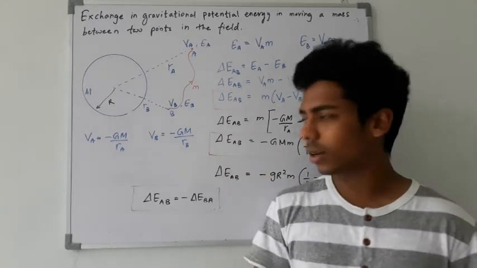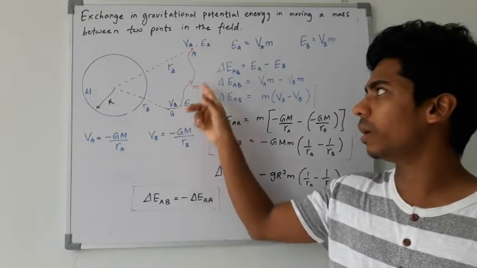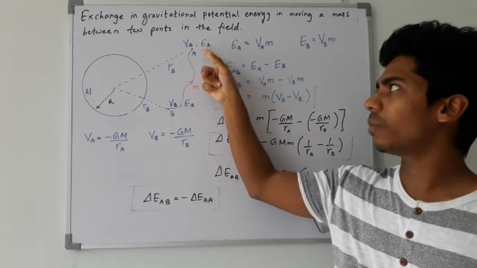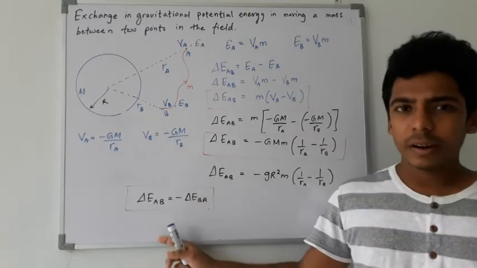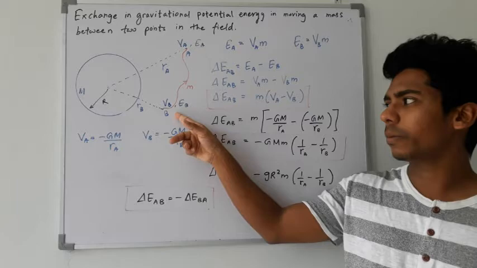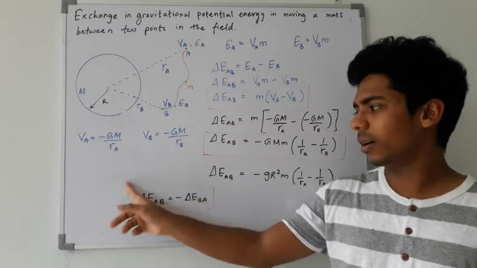And one more thing, this is what I discussed about moving the mass from B to A, that is delta EAB, and if I move the mass from A to B, that is delta EBA. So I can write a relationship between the change in energy of moving the mass from B to A and A to B, that is related with this equation.